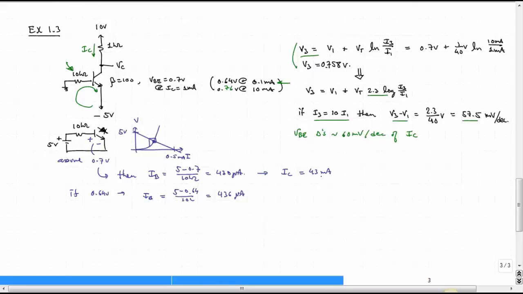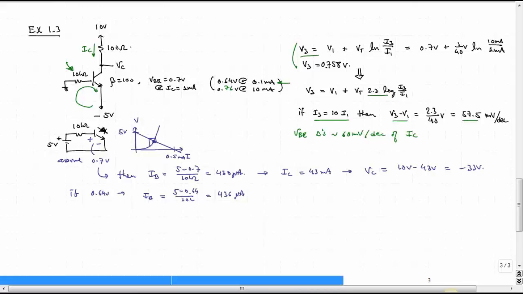And I chose values poorly here because in this case that will mean that VC is equal to 10 volts minus 43 times 1K, so it's minus 43 volts, and clearly the transistor is not going to be in the active region.